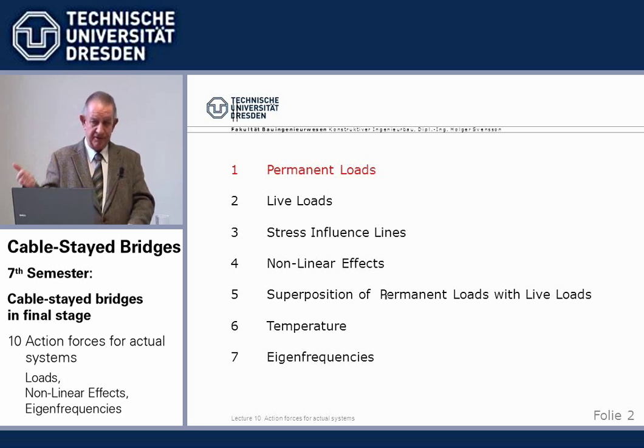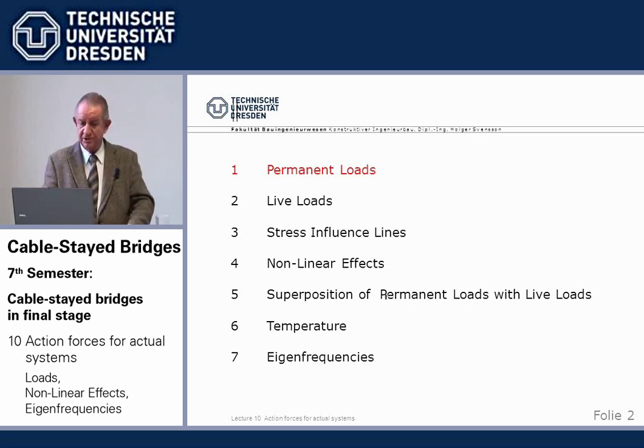We talk again about the permanent loads. I tell you, the heart of cable stayed bridge design and understanding of calculations is the permanent load stage. Everything else is simple. But permanent loads, you must understand why we do it the way I show you.